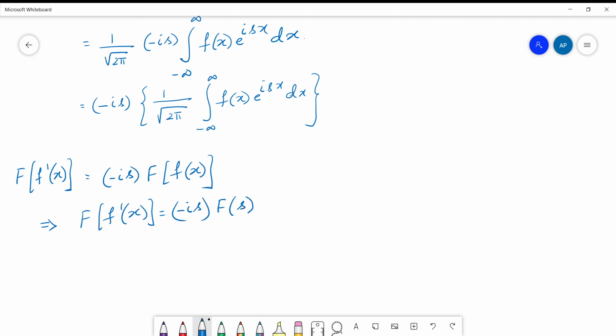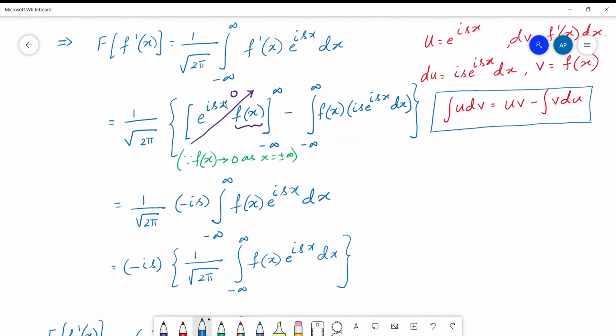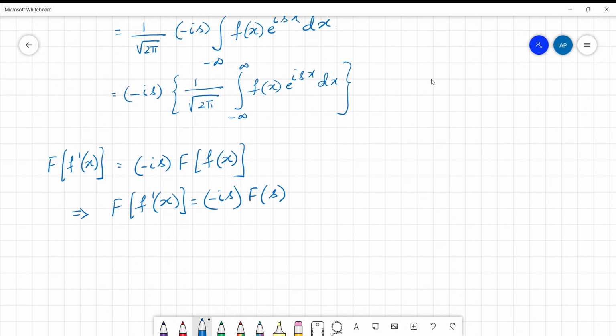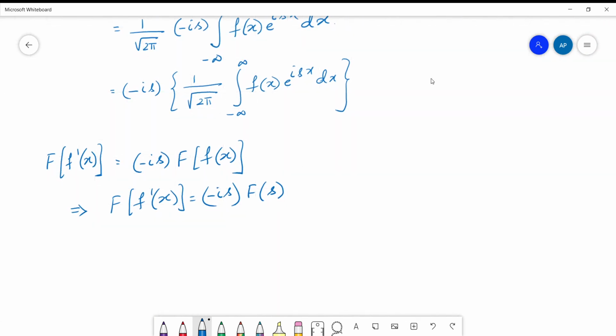Well, when was this finally obtained? Only because we could make the first term here 0. And why was it made 0? Because f of x tends to 0 as x tends to plus or minus infinity. So therefore, this is equal to minus is into f of s, provided f of x tends to 0 as x tends to plus or minus infinity.